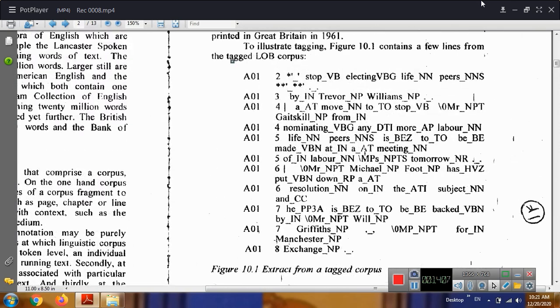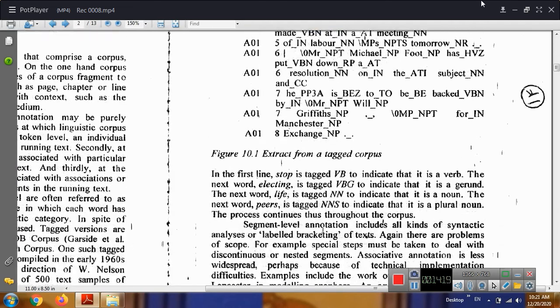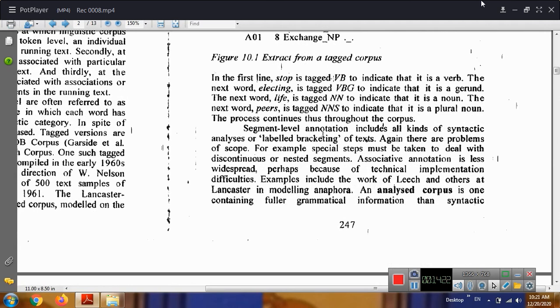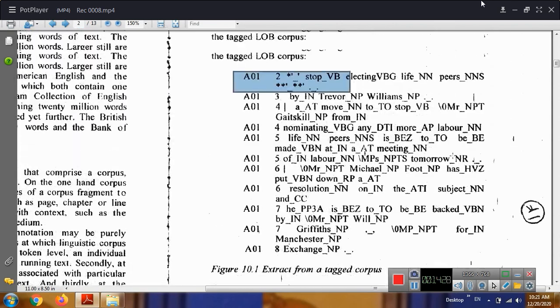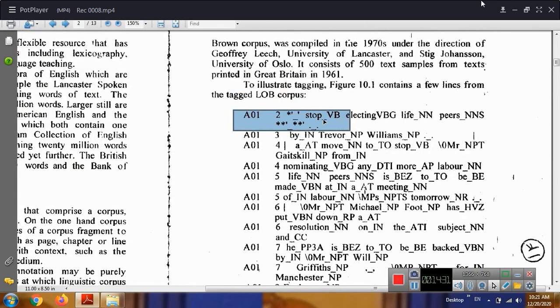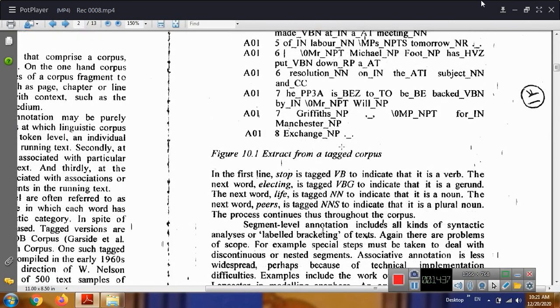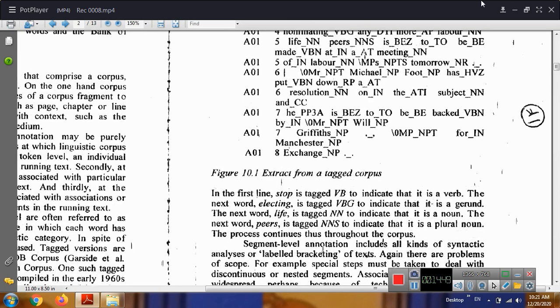In the first line, stop is tagged VB to indicate that it is a verb. After stop we see this code VB, which stands for verb. The next word, electing, is tagged VBG to indicate that it is a gerund.